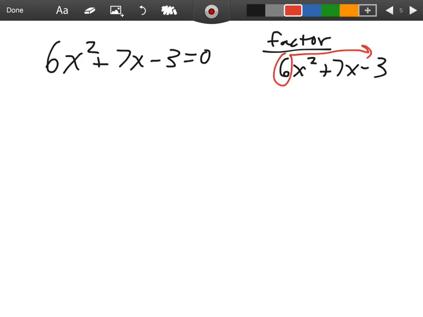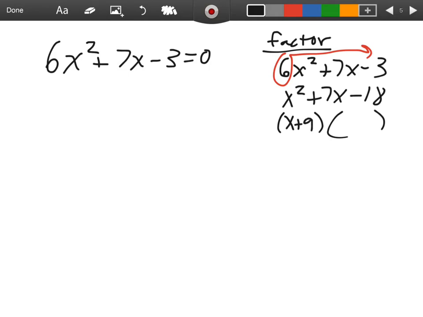You're going to take this over and carry it over and multiply it in. Gives you that. Factor that. x plus 9, x minus 2.